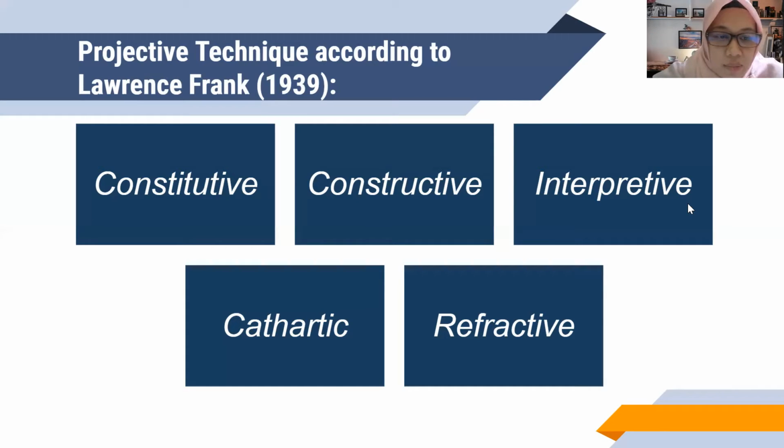The cathartic methods, for example, doll play, are expressive and they stimulate emotional reaction, as in the play technique. And the last, the refractive methods, are those in which conventional modes of communication are altered idiosyncratically. For example, handwriting qualifies under this rubric.